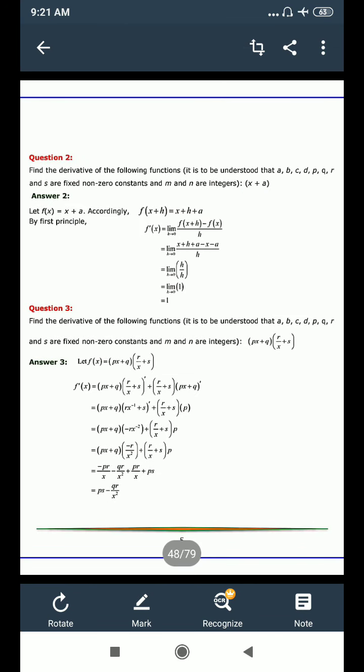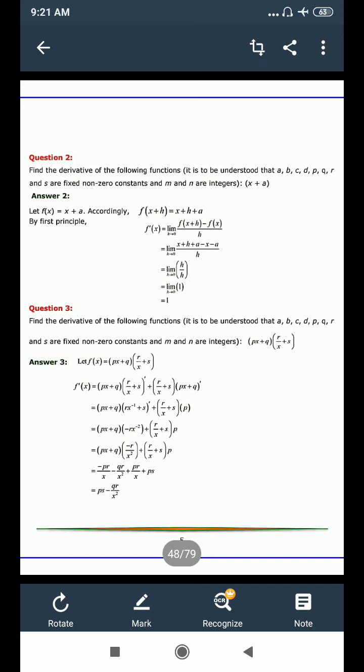Find the derivative of the following functions. It is to be understood that a, b, c, d, p, q, r and s are non-zero constants and m, n are integers. x plus a, you have to differentiate x plus a. So quite simple. In this case, f(x plus h) will be x plus h plus a.